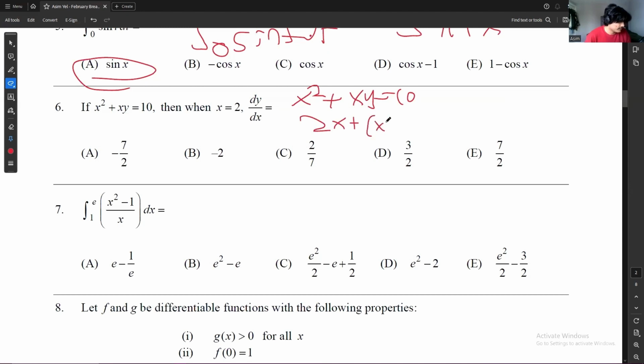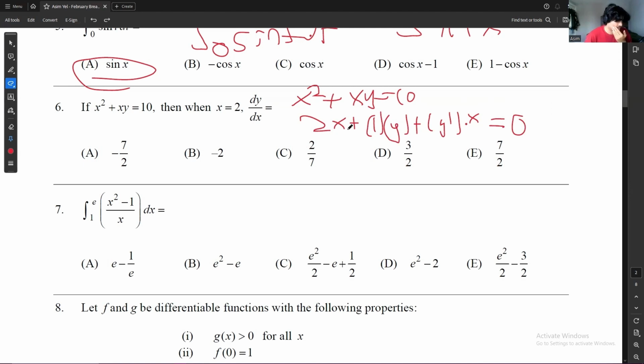The derivative of the first, which is 1, times the second, plus the derivative of the second, which is y prime, times the first, x, equals 0, because 10 is a constant, therefore the derivative of a constant has to be equal to 0.